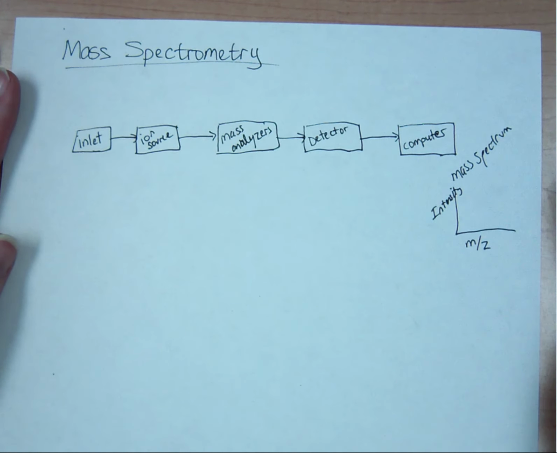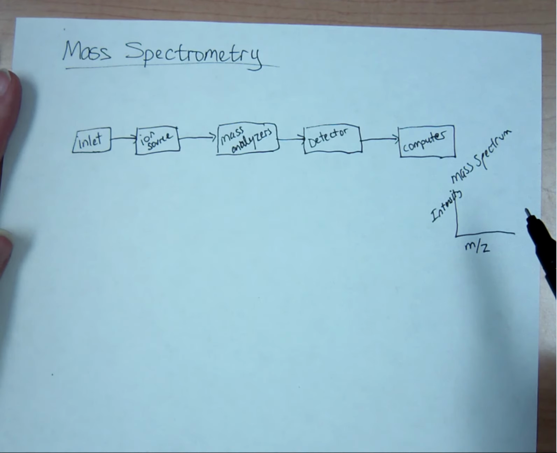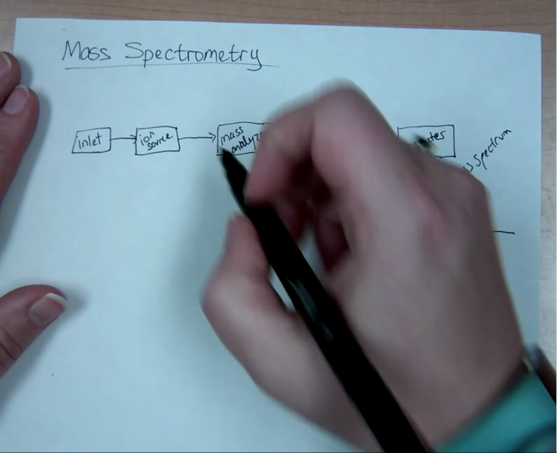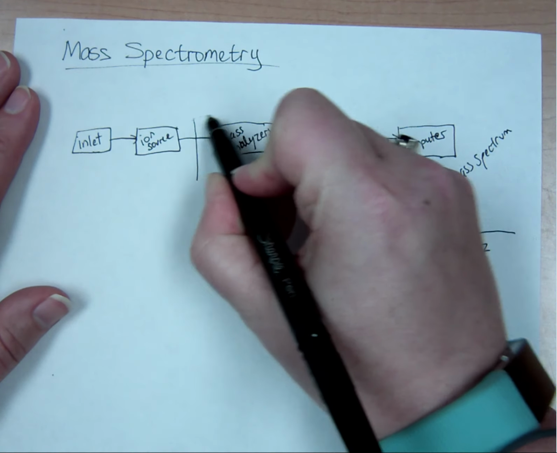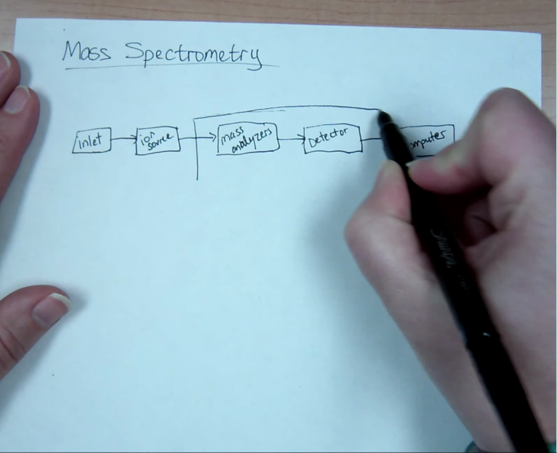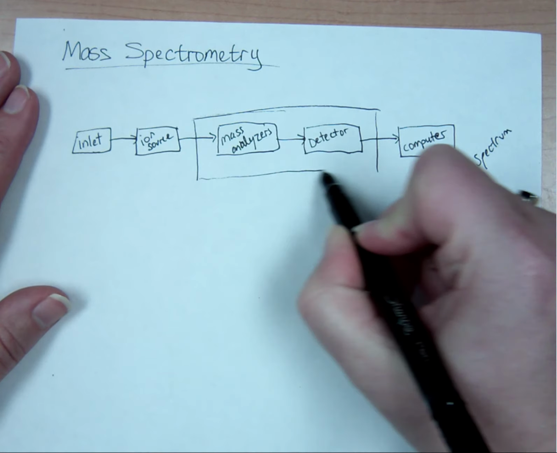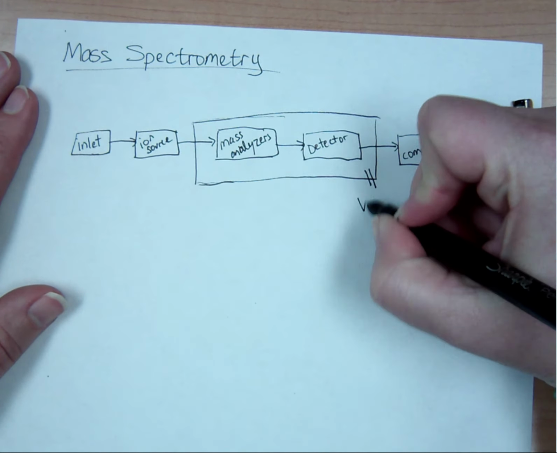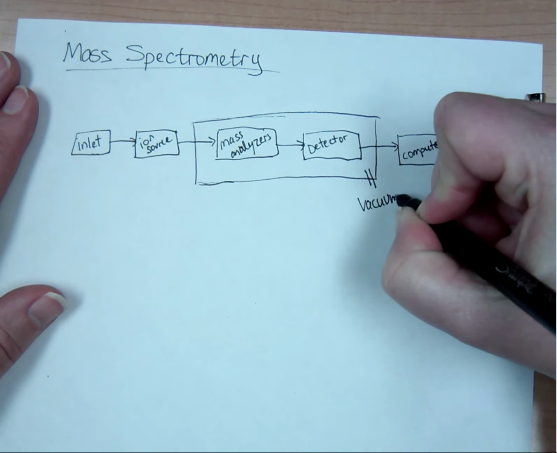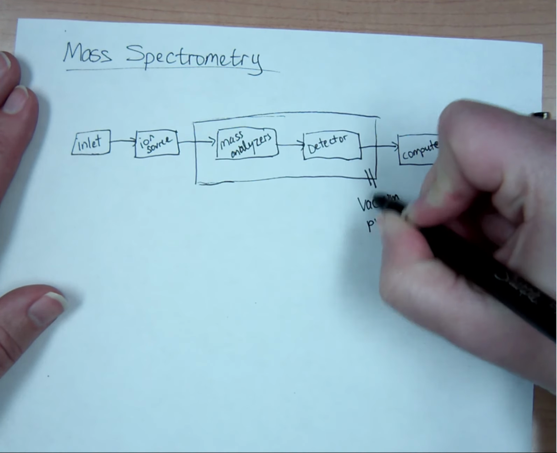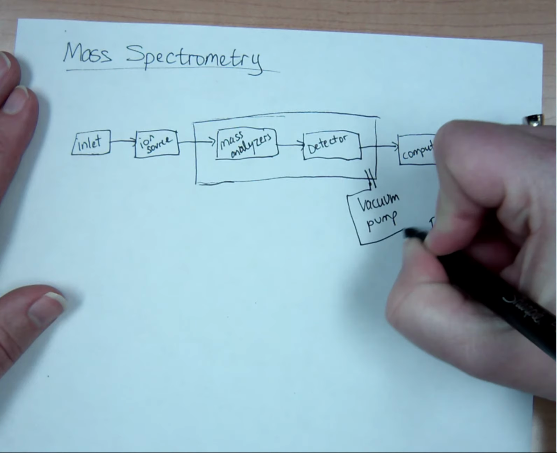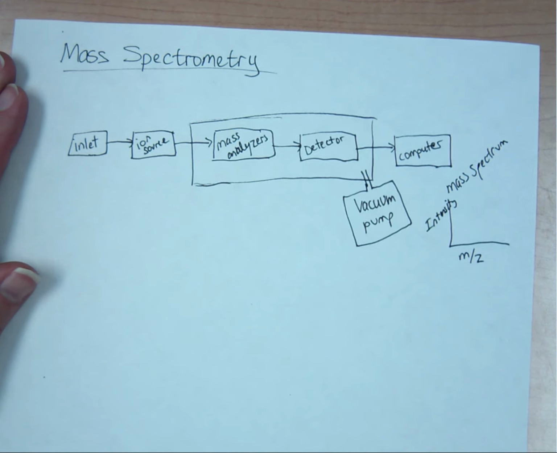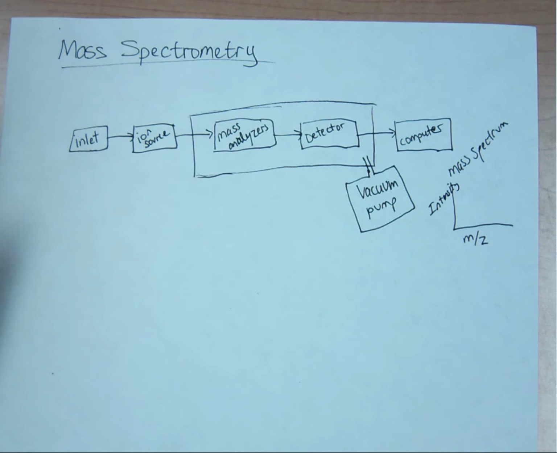Now, this is a good system here. There's one other thing that we need to add to this diagram, and that is a vacuum pump. Now, the mass analyzer and the detector, if they are one and the same or if they're different, it doesn't matter, but both of these are going to be held under vacuum. And what does that mean here? So the vacuum pump is going to pull out all the air and make this a very low pressure system.